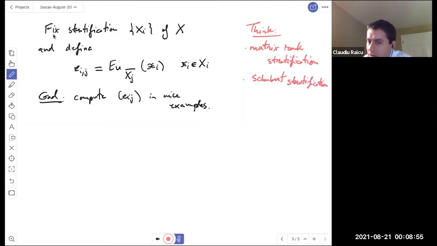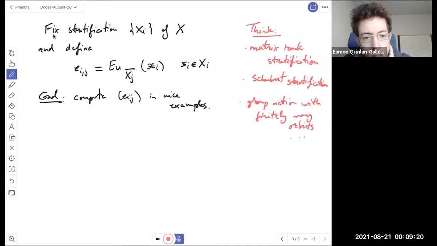Or maybe, in general, whenever you have a group action with finitely many orbits, maybe a toric variety or something. Okay, so there's lots of natural examples to consider.